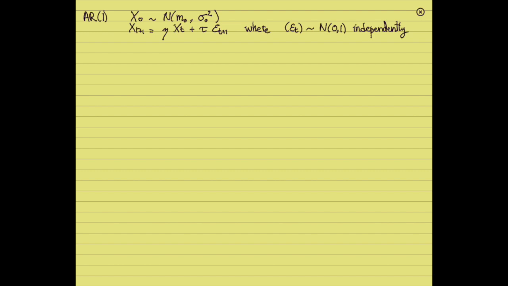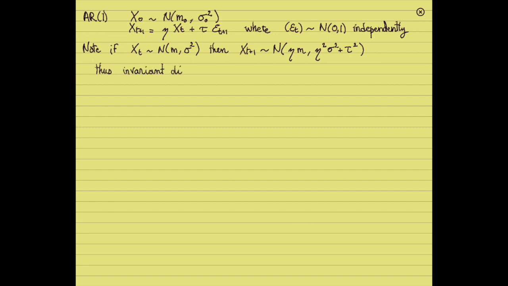So first, as we've seen before, we can find the invariant distribution of the Markov chain. So we write that X_t, for example, if it was normal(m, sigma squared), then at the next step, X_{t+1} would be marginally distributed as a normal with mean eta m, variance eta squared sigma squared plus tau squared. And so if we wanted this distribution to be invariant, this would impose some conditions on m and sigma squared as a function of eta and tau.